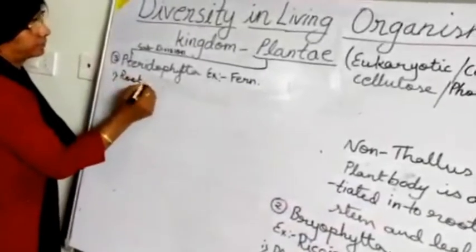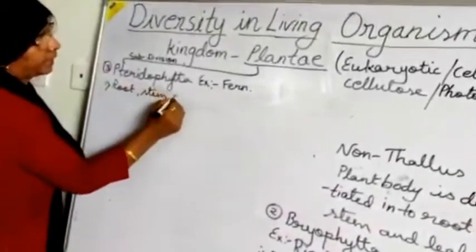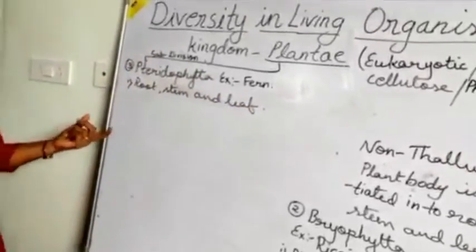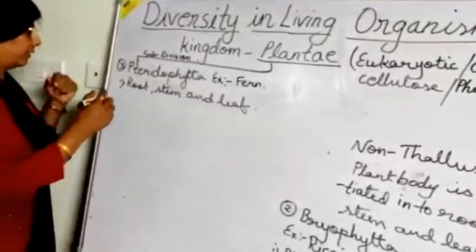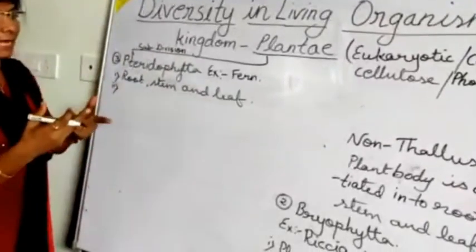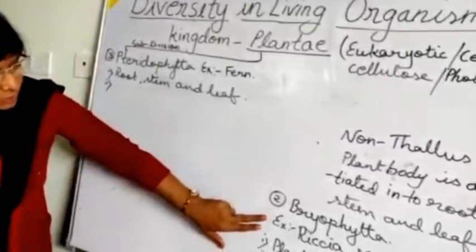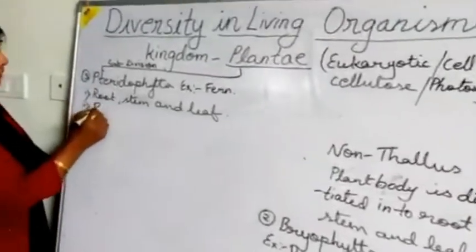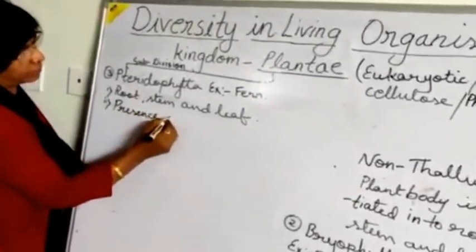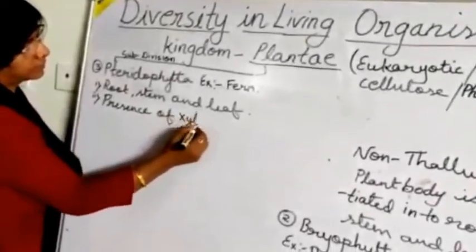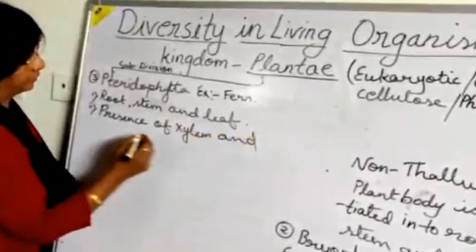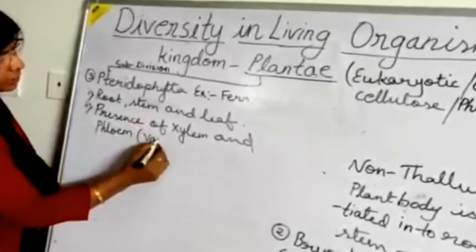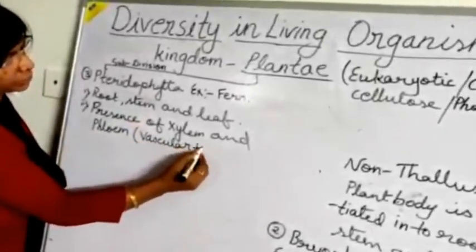Next, there is another advanced characteristic which is not present in Bryophyta, the vascular tissue, that is xylem and phloem. But here there is the presence of xylem and phloem, that is the vascular tissue.